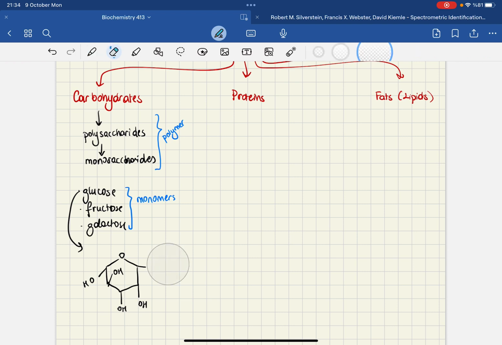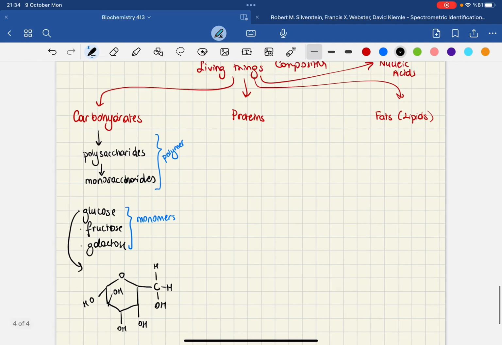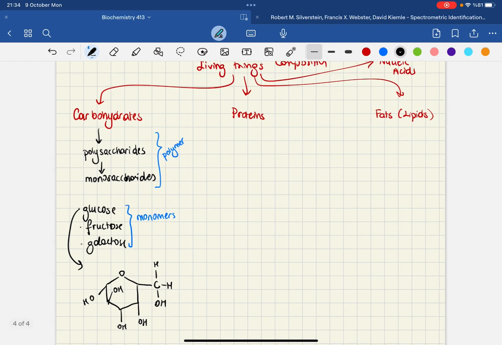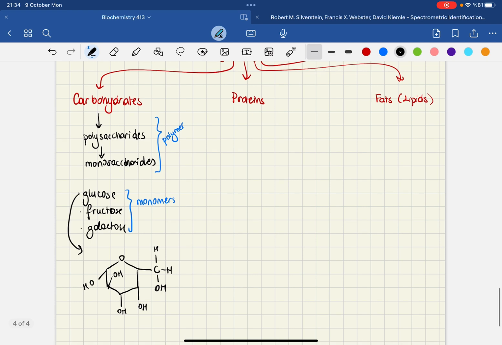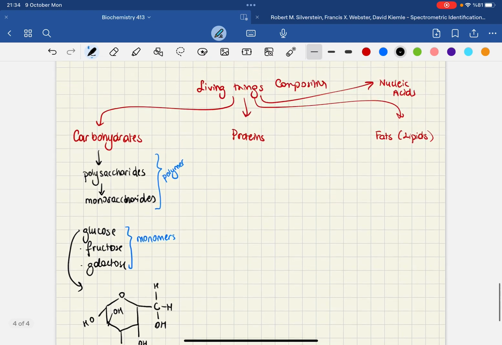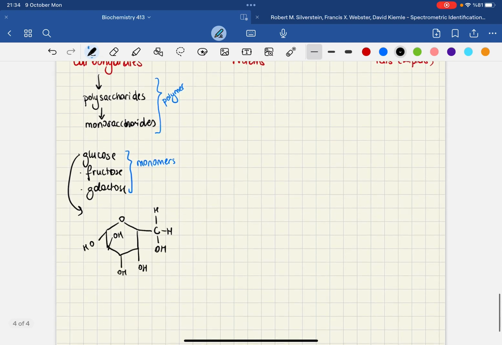Now let me show it like this. This is our glucose. And of course, when we put them together, we are going to obtain our polymer.